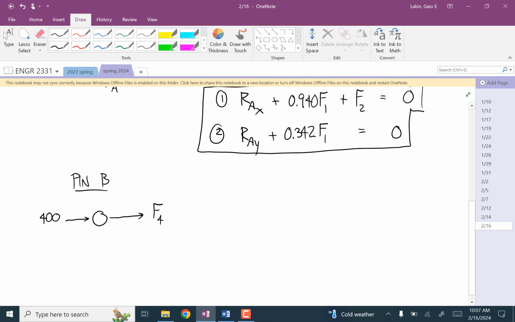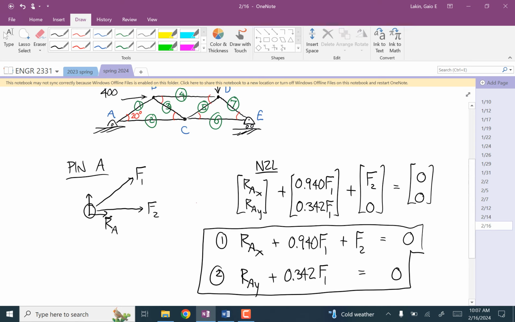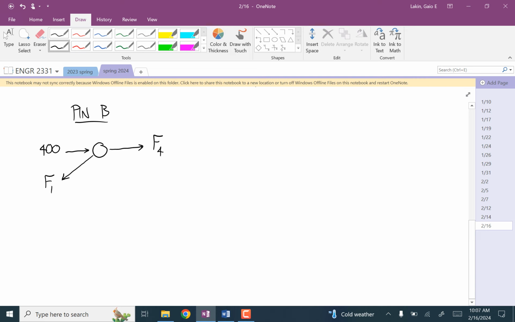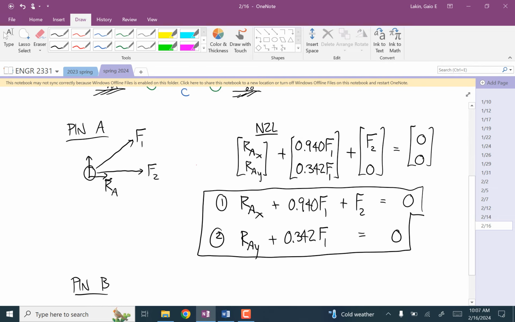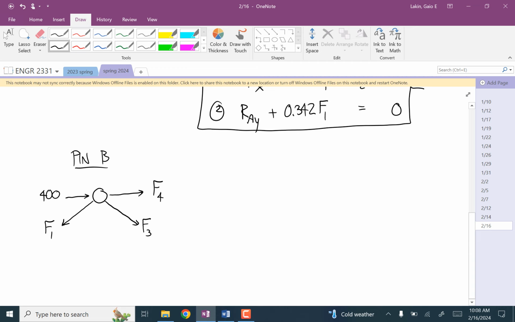And then we have F1. We had that before, but remember, we're assuming that these are in tension, so this is going to be going the opposite direction on this pin that it did on pin A. So this is F1, and then we have F3. Any questions about that free body diagram?